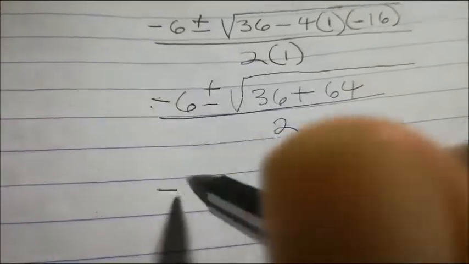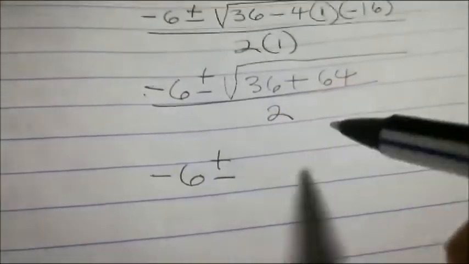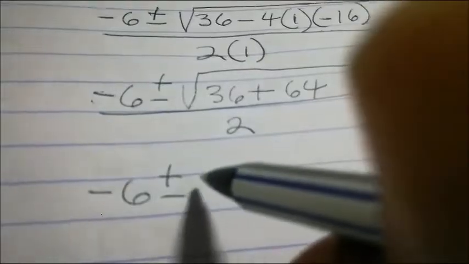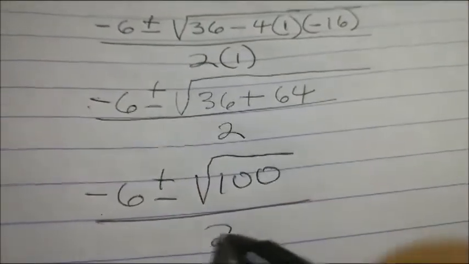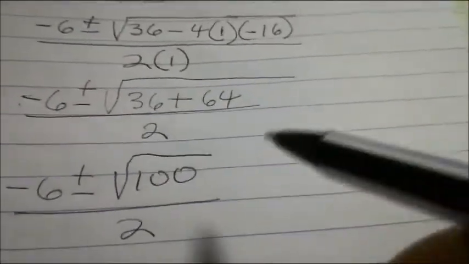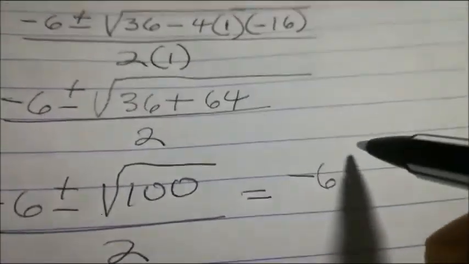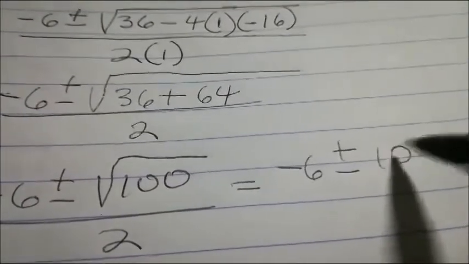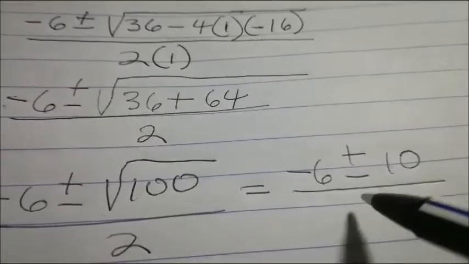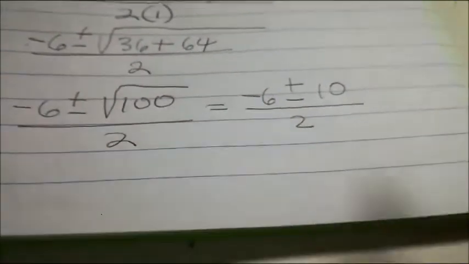This is going to lead to minus 6 plus or minus, what is the square root of 100? 64 and 36 is 100. So that is going to be the square root of 100 all over 2. And this is going to lead to minus 6 plus or minus 10, because the square root of 100 is 10, over 2. So from here you're going to get two answers.